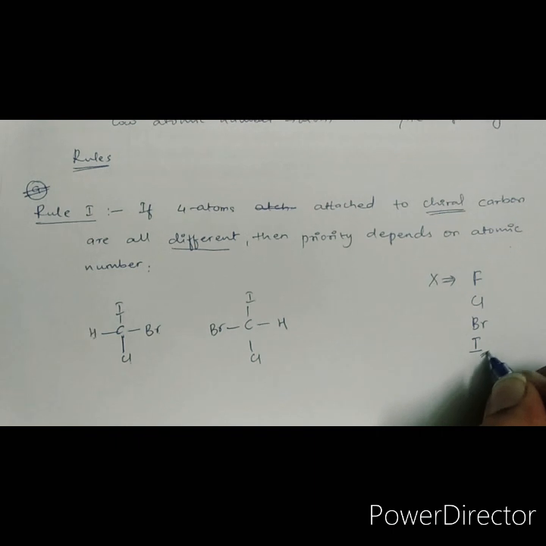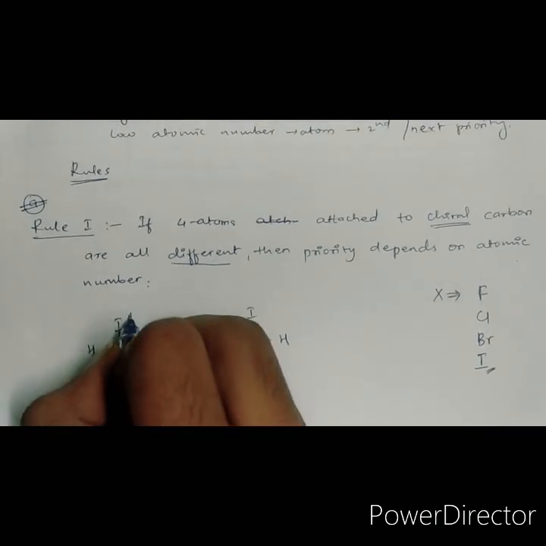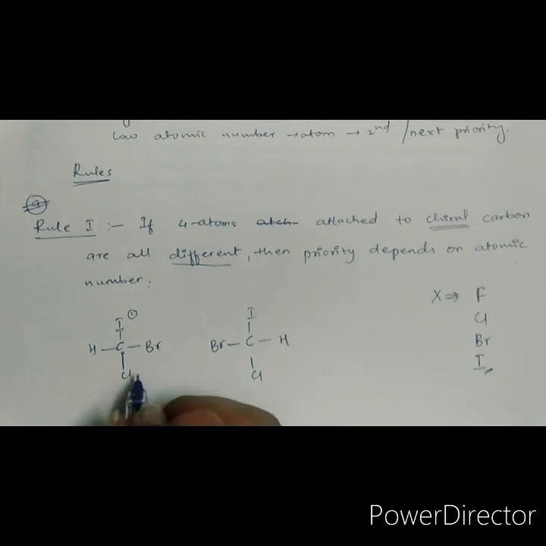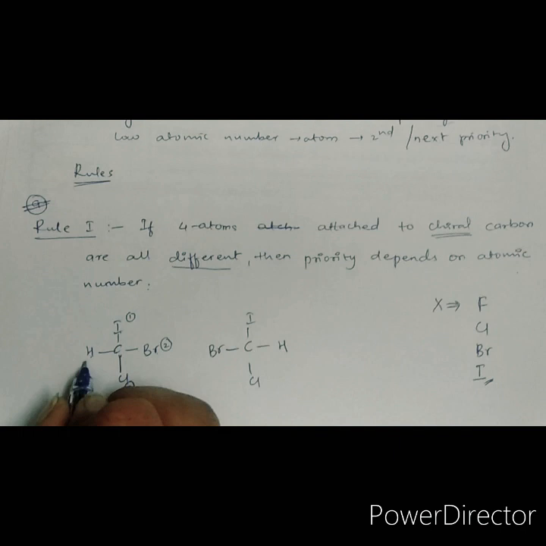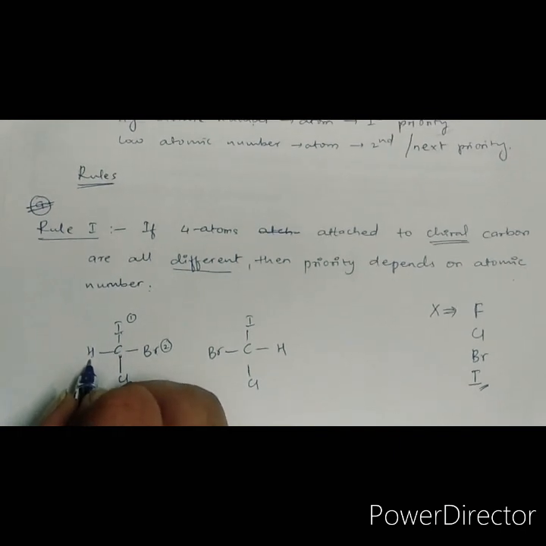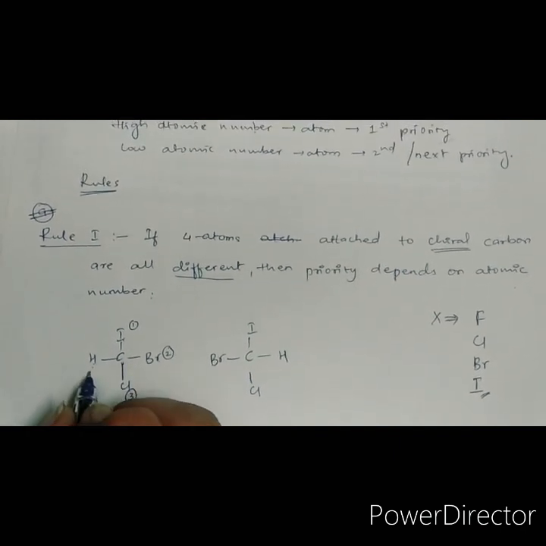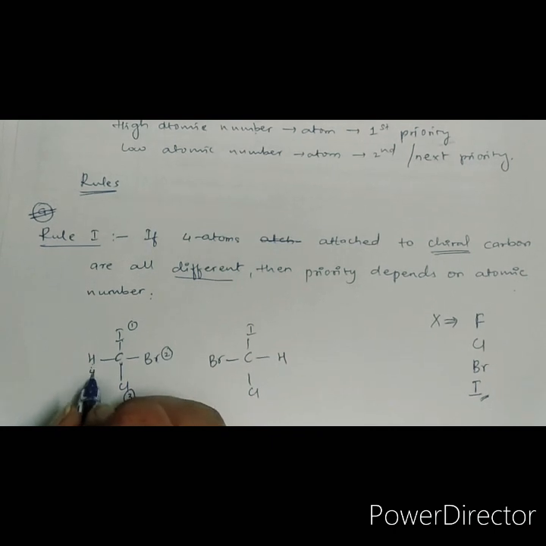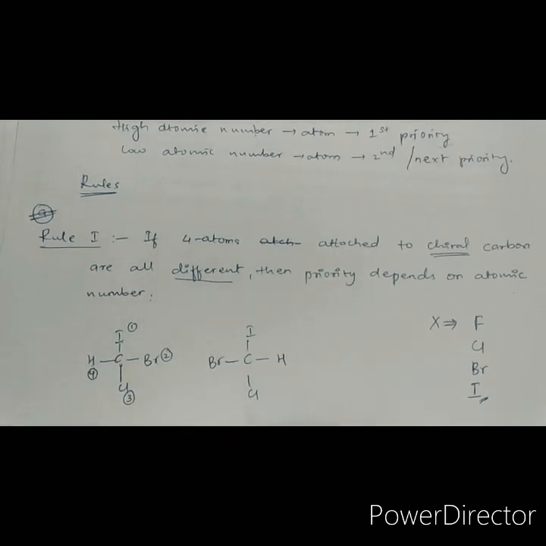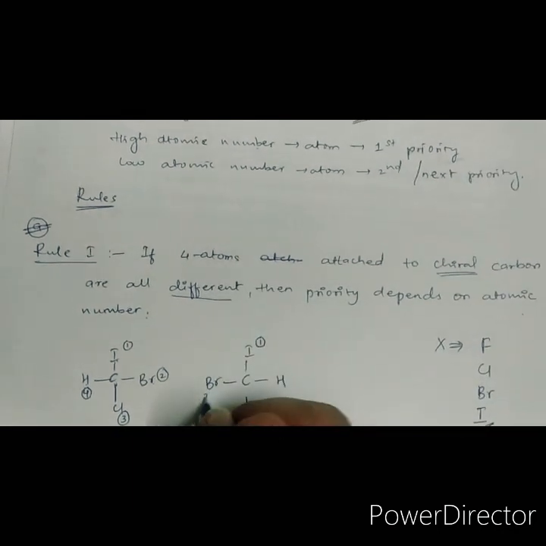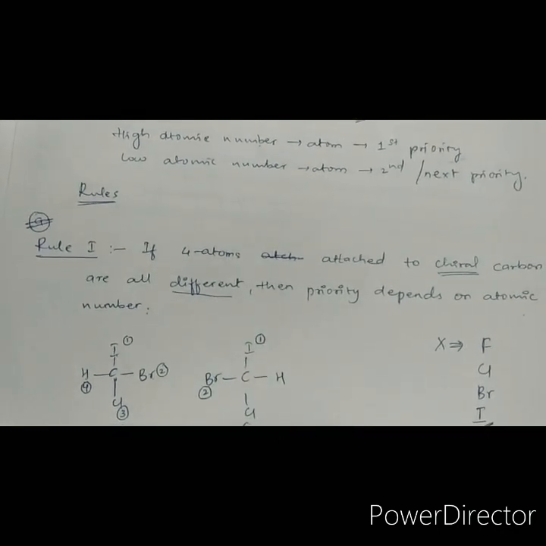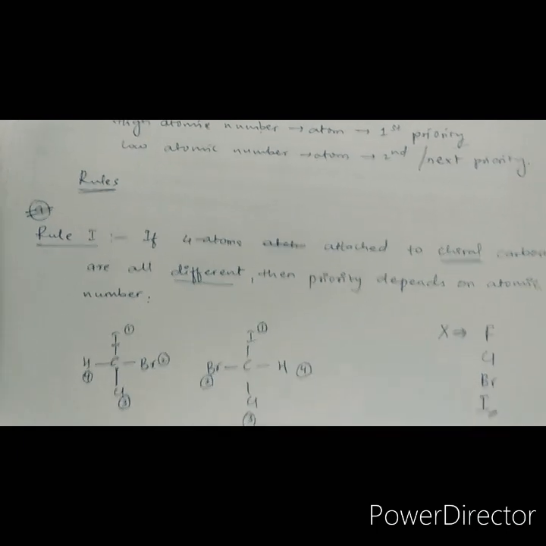So iodine has the highest atomic number, so the priority goes to iodine, then bromine, then chlorine. Hydrogen has the lowest atomic number, so it gets the last priority. Iodine first, bromine second, chlorine third and hydrogen fourth.